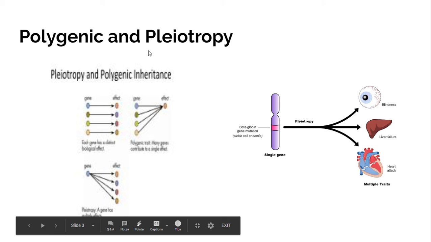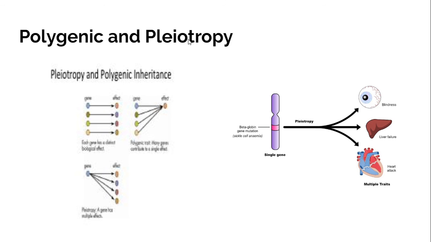Polygenic inheritance and pleiotropy. In addition to a second gene being affected by the first, and thus the phenotype being changed, which is what happens in epistasis, there is also a type of gene inheritance in which two genes together affect a single characteristic. This is called polygenic inheritance. The opposite of polygenic inheritance is pleiotropy, in which one gene on the chromosome affects many traits.